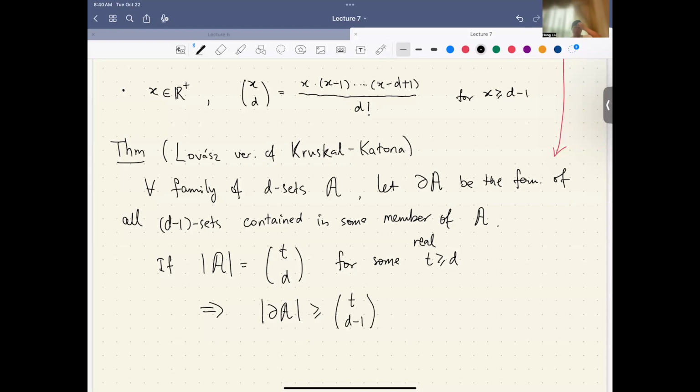So first, let me make a remark that this is optimal for infinitely many choices of T.